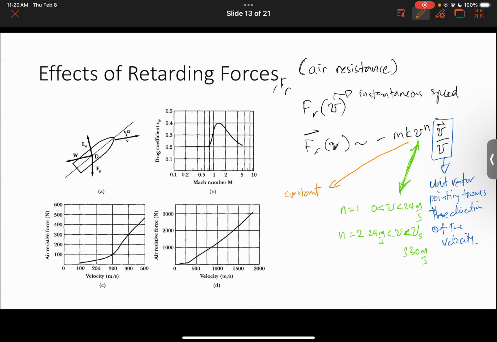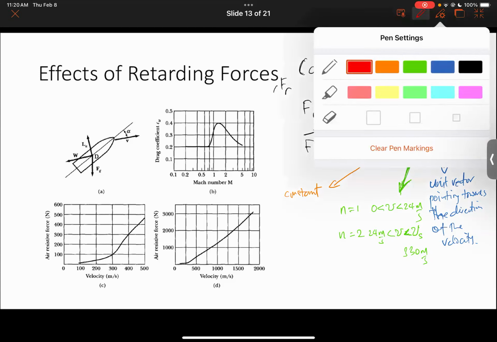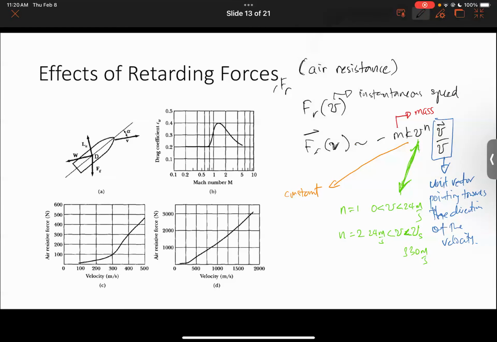And of course, yung m is the mass of the object. Yung m na yan is the mass of the object. Okay? So, ano nangyayari pag higher speeds? Well, we'll discuss that in a little bit.